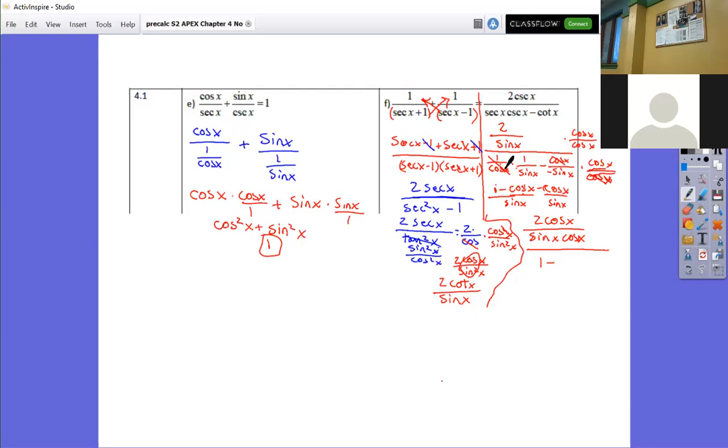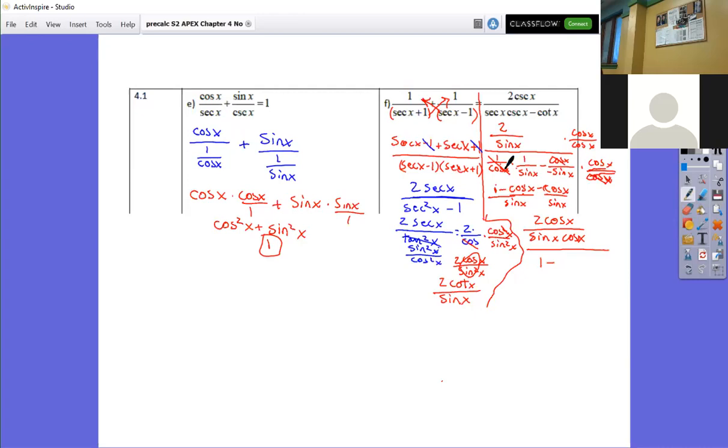All right, so cosine 2 over sine of x, 1 over cosine of x, 1 over sine of x, minus that. I'm going to multiply by that. I get 2 cosine of x over cosine of x, and here that cancels to 1 times that cosine of x, next cosine of x, next sine of x, and that cancels to that.